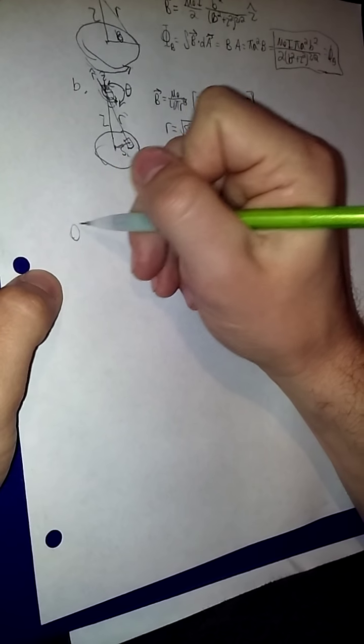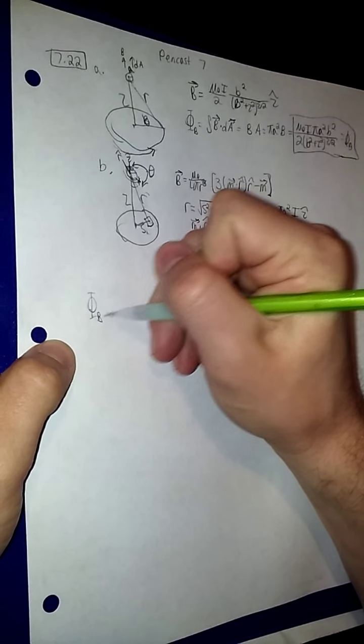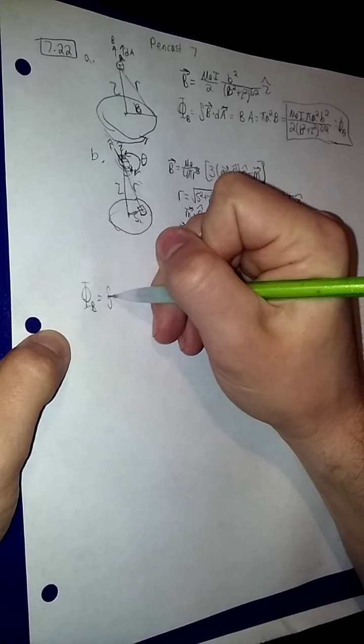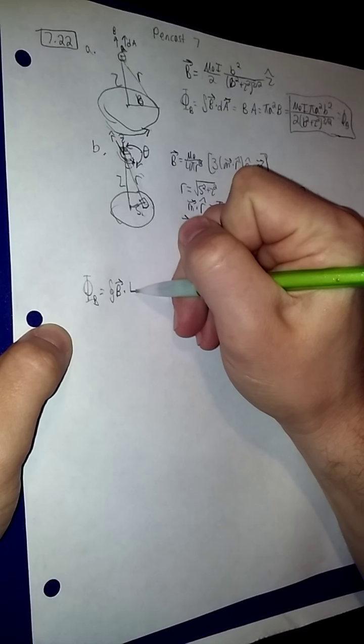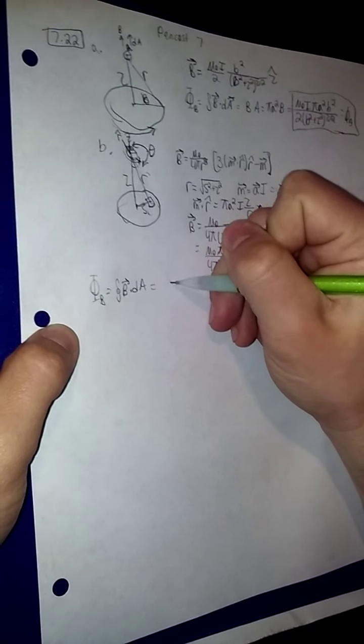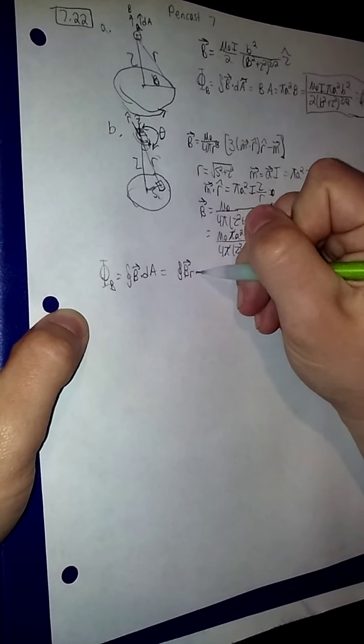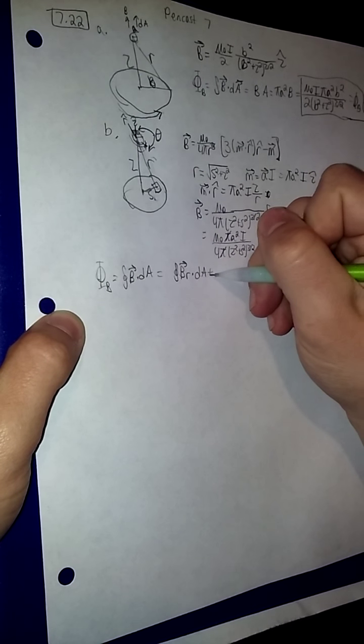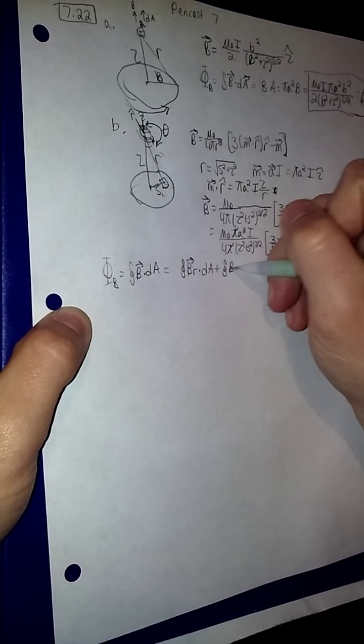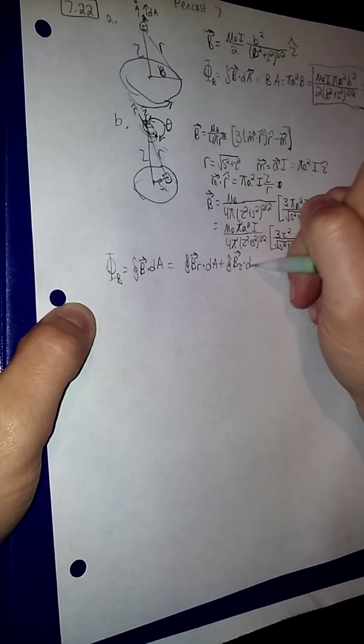I wish I could say we were done, but no, now the magnetic flux. Once again, we have the integral of B dot dA, which I'm going to write as the integral of the r component dotted with dA plus the z component dotted with dA.